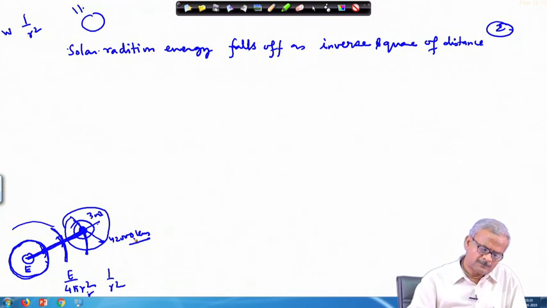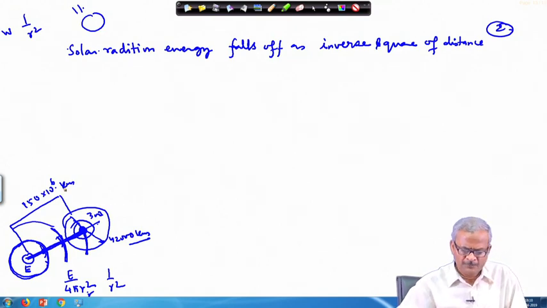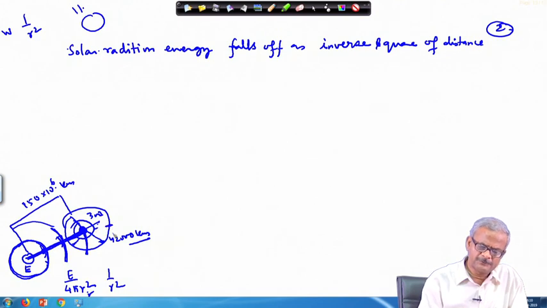But the distance from the sun to here is approximately 150 million kilometers, that is 150 into 10 to the power 6 kilometers. So, the distance from 300 kilometers to 42,000 kilometers is quite small. The sun's radiation has to travel a very little extra distance, and therefore the radiation pressure at this place and at this place will not be much different.